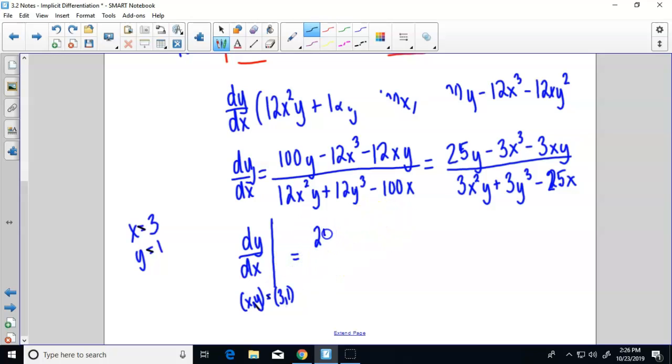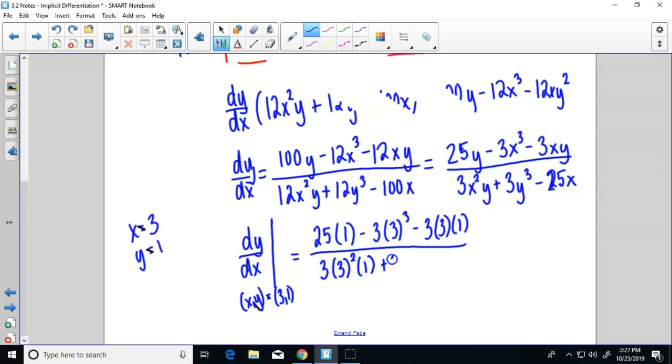So we'll have 25 times 1 minus 3 times 3 to the third minus 3 times 3 times 1 over 3 times 3 squared times 1 plus 3 times 1 to the third minus 25 times 3.